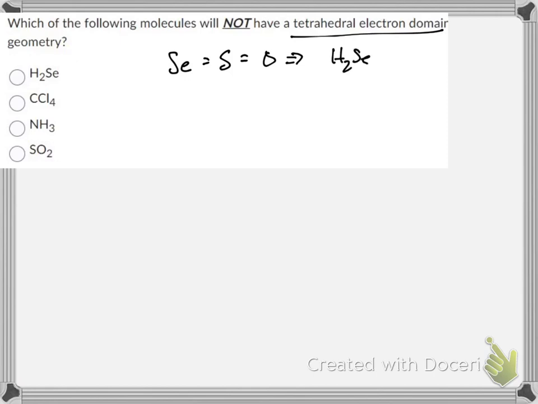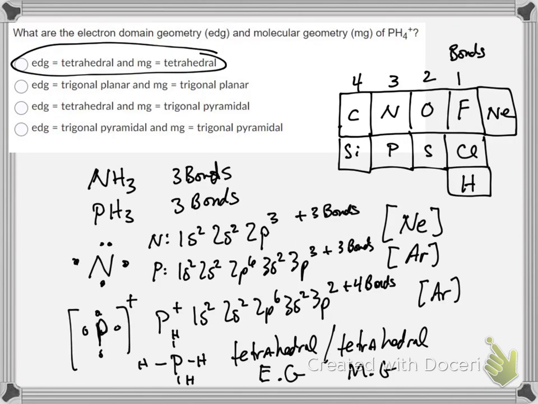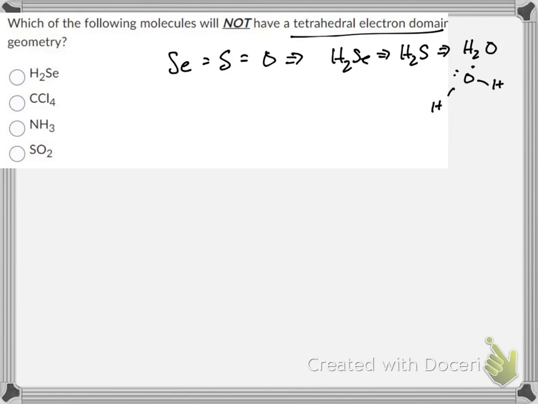So H2Se is just like H2O. That's definitely a tetrahedral electronic geometry. It only has single bonds around the central atom and 2 lone pairs. So it's tetrahedral electronically but bent molecularly.